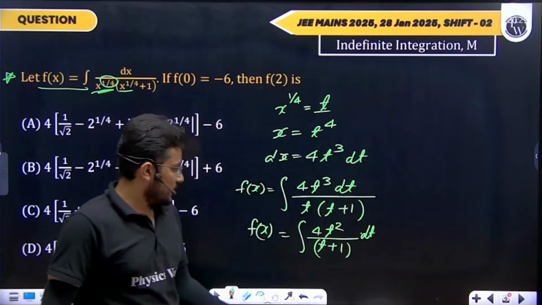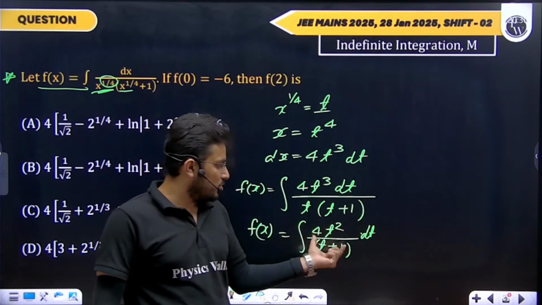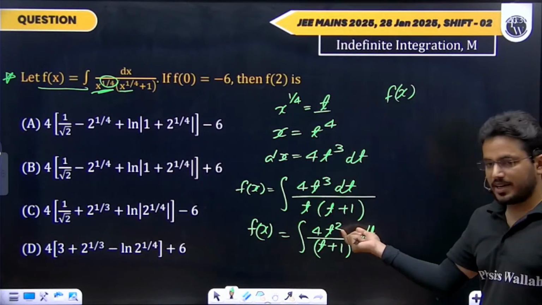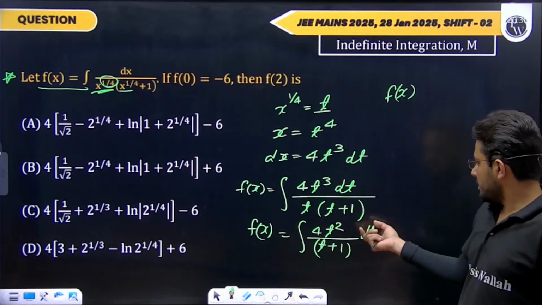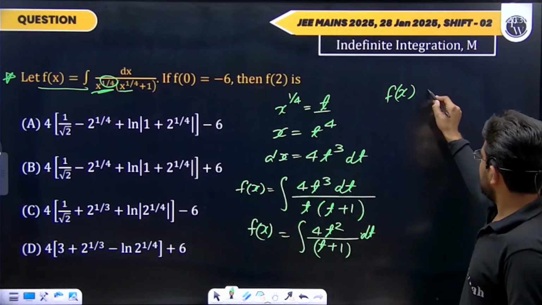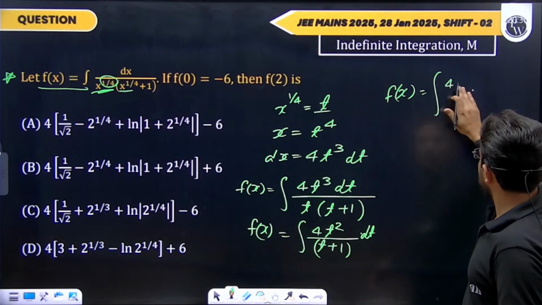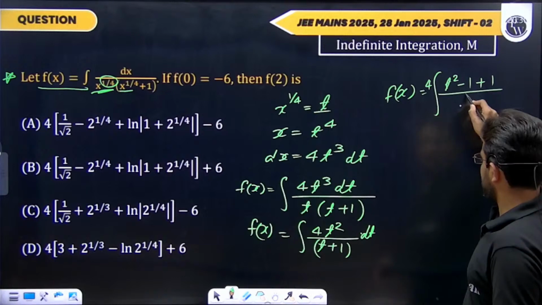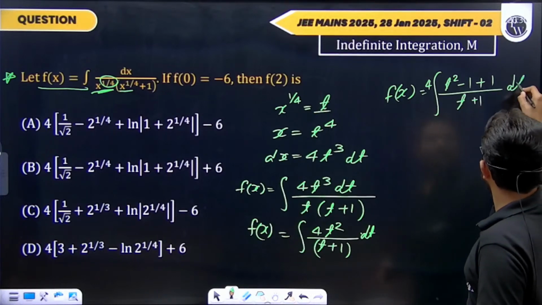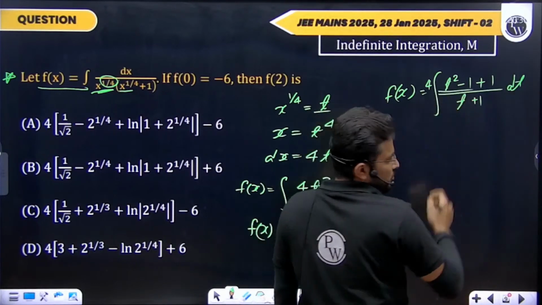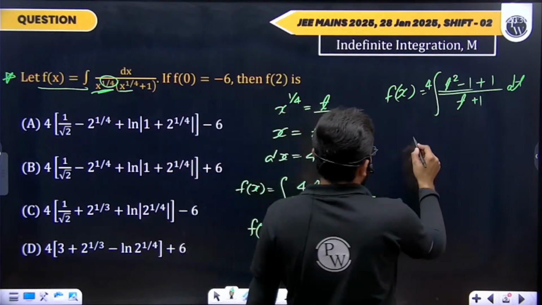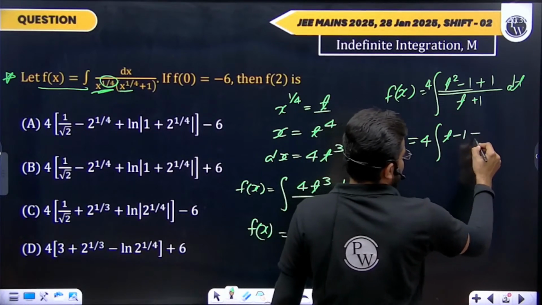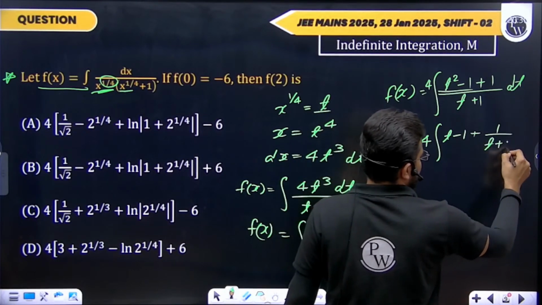We have to divide the polynomial by polynomial, otherwise we can do one thing. We have to add and subtract 1. Then 4 times t square minus 1 plus 1 divided by t plus 1 dt. T square minus 1 will be t plus 1 into t minus 1, so 4 times t minus 1 plus 1 upon t plus 1 dt.